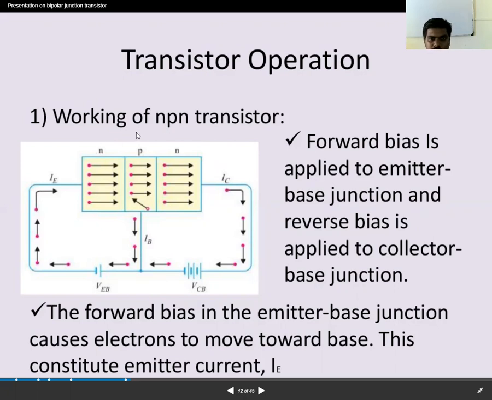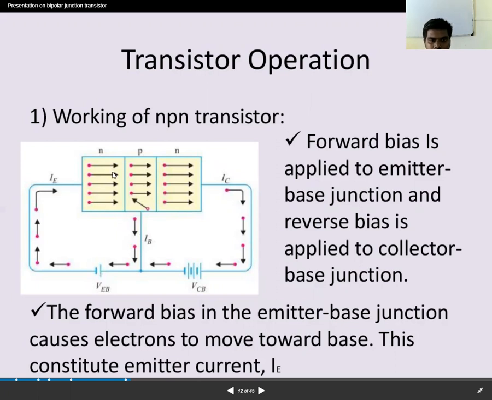There are two junctions also. This NP can act as one diode and this as a second diode. This is called the emitter diode, this is called the collector diode, and this is the base.